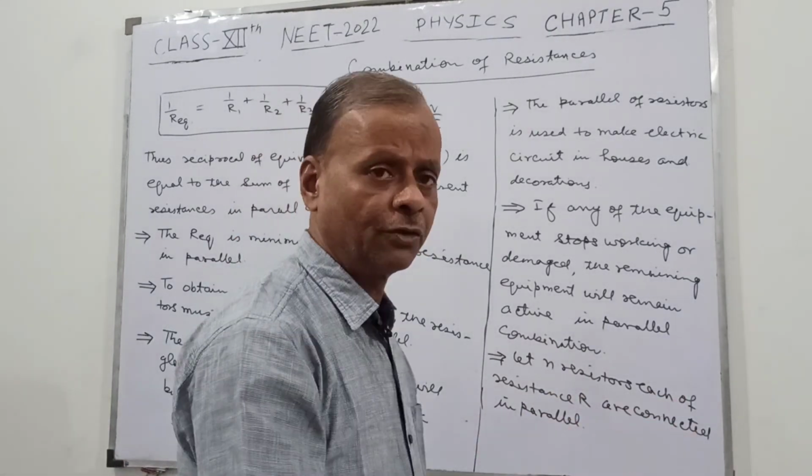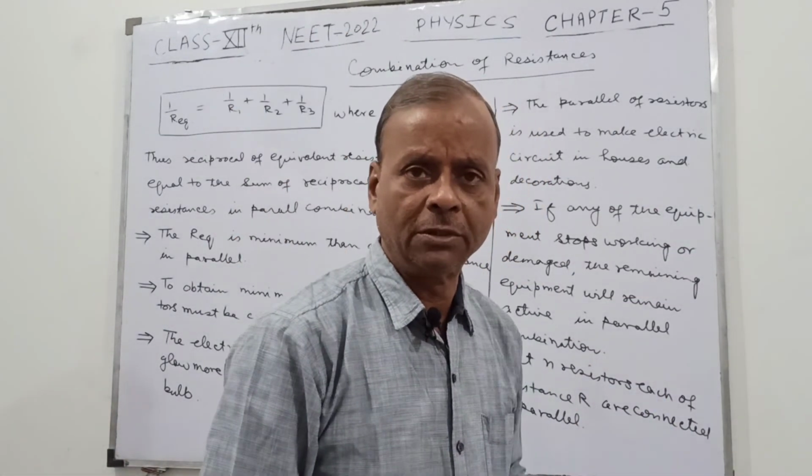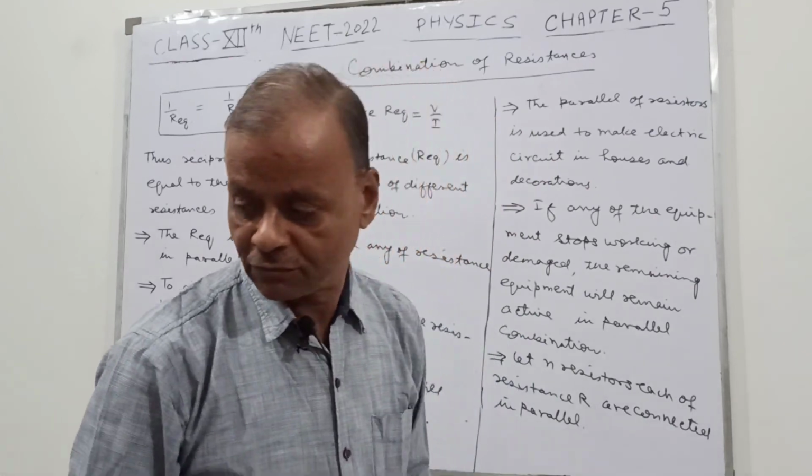मान लो n रेजिस्टर है, उनको पैरेलल के अंदर हम सबको लगा देते हैं तो इक्वल रेजिस्टेंस कितना होगा?